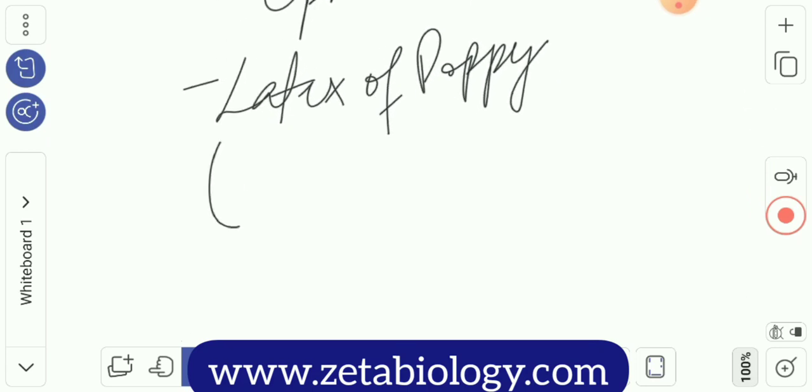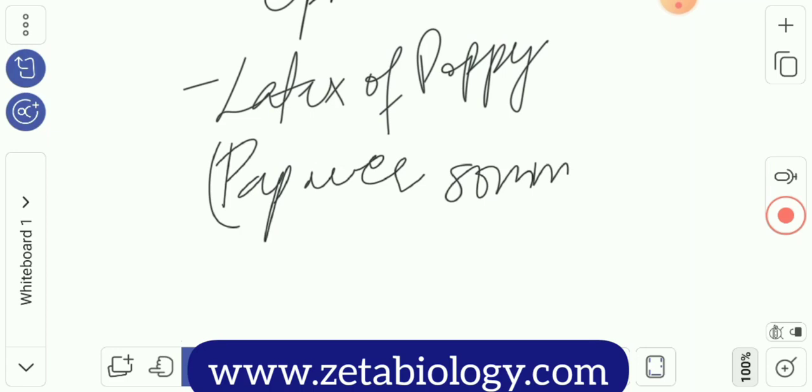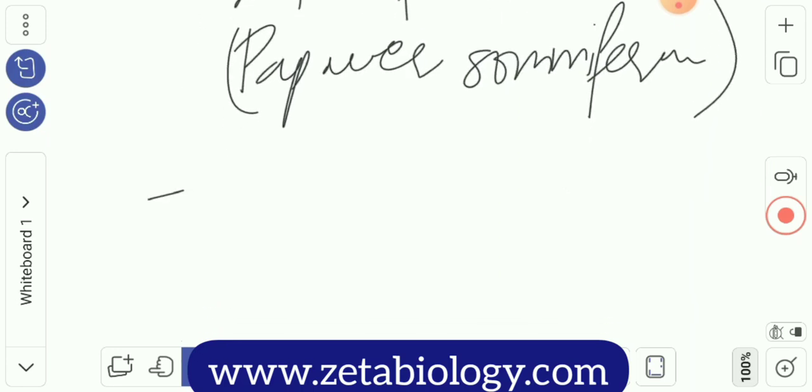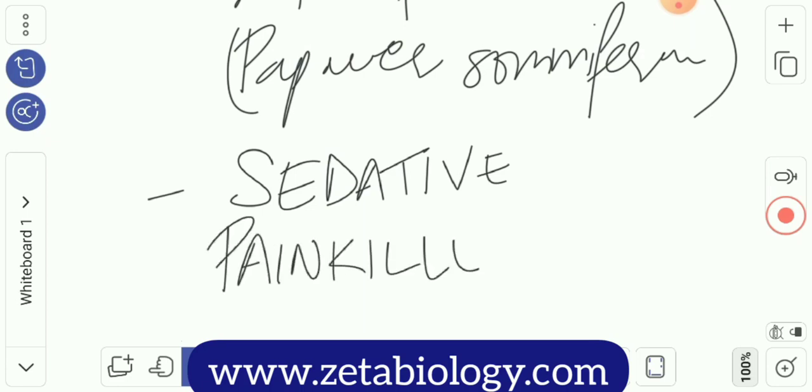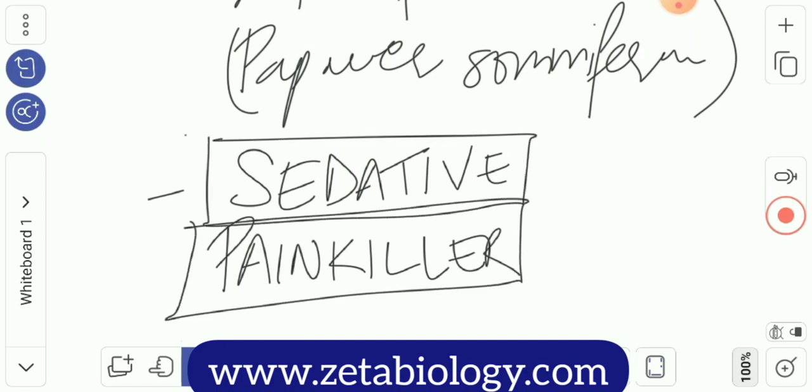Poppy is also known as Papaver somniferum, and this is a sedative and a painkiller. So remember the effects that these drugs cause, and this is generally given during a surgery.